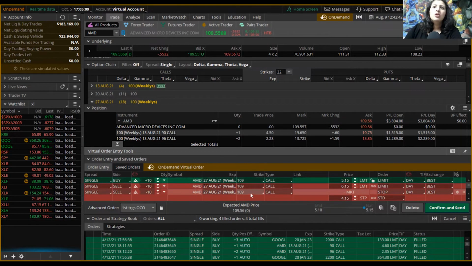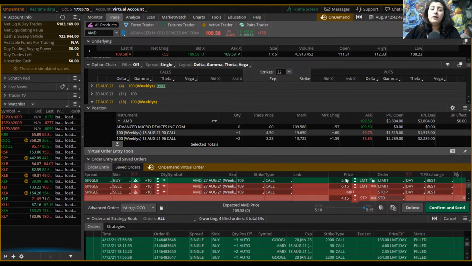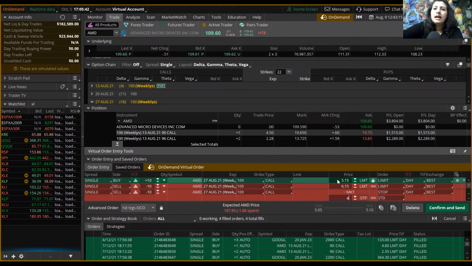Or you can put in a stop loss, and say, okay, I don't want to lose more than 5% of the value. 10% would be 51 cents. So I would say, okay, I don't want to lose more than 25 cents on this value. So if it drops below $4.95, then close me out.